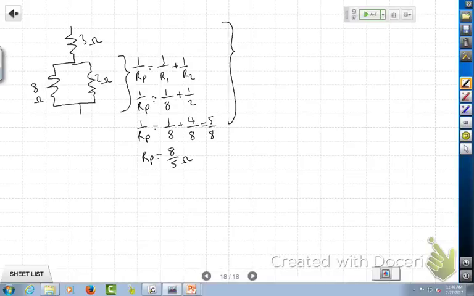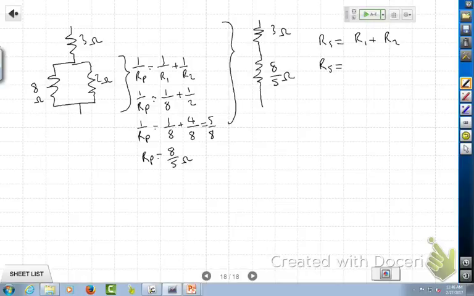And then I come along here and I go, well, this is 3 ohms, and this is 8 over 5 ohms, and this is 3 ohms. So I say R series is equal to R1 plus R2. So R series is equal to 3 plus 8 over 5.